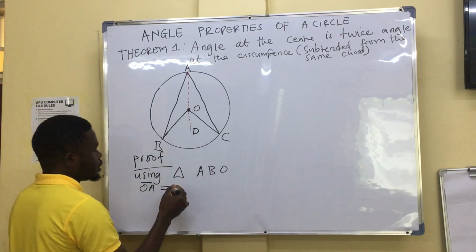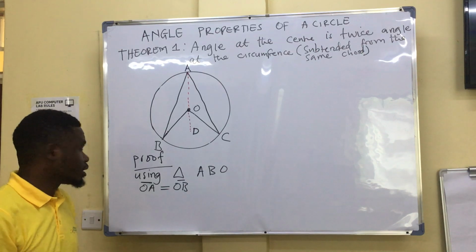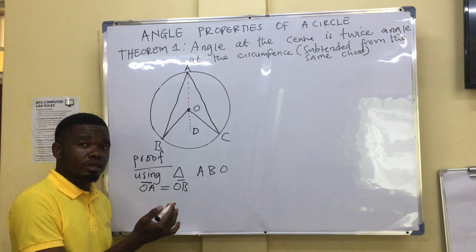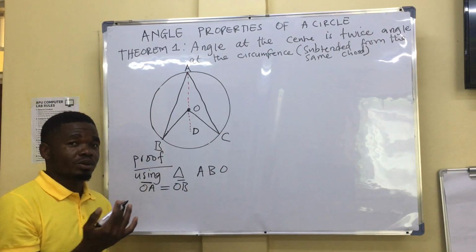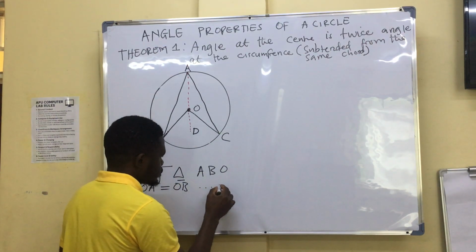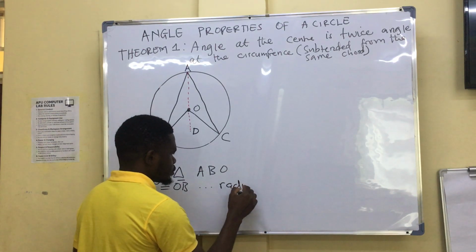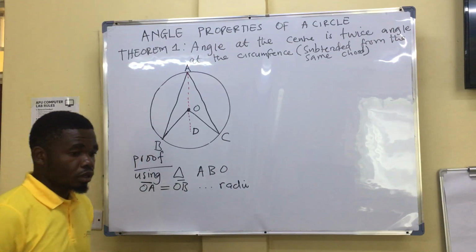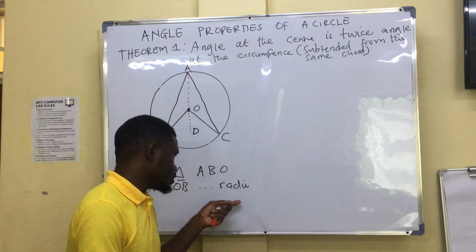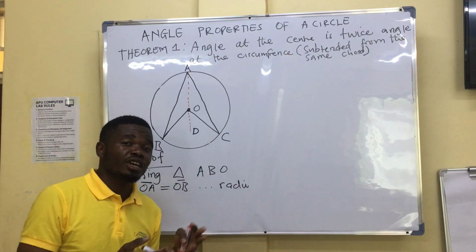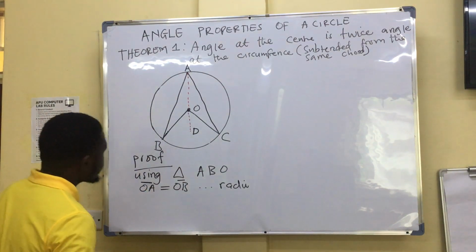Line OB. OB is a radius as well. Why is OA equal to OB? The reason is radii. This one is a radius and this one is a radius as well. Remember to put a reason. So this one is the reason, radii. And put the 3 dots here, the short form for therefore.